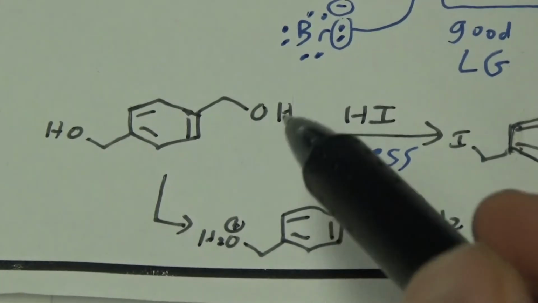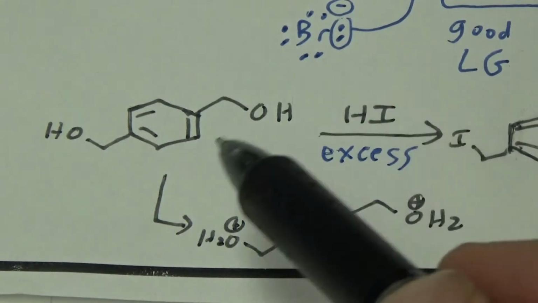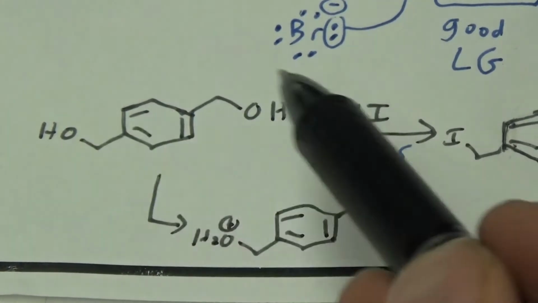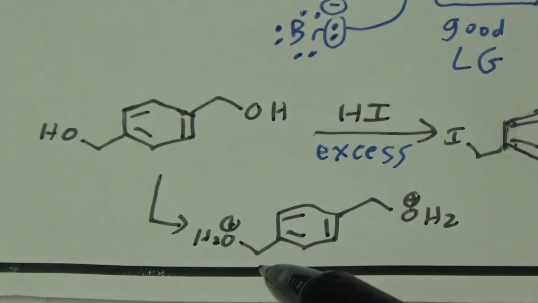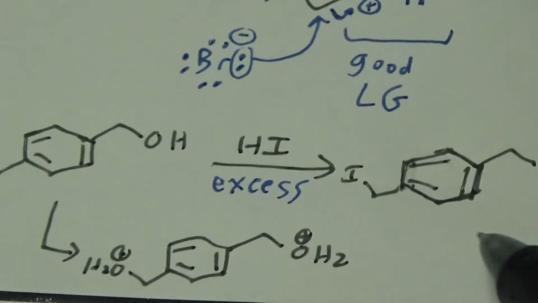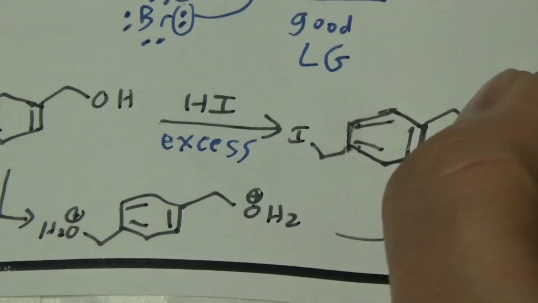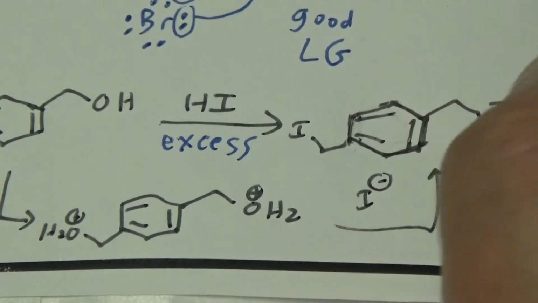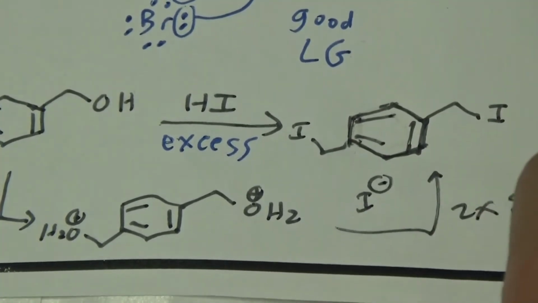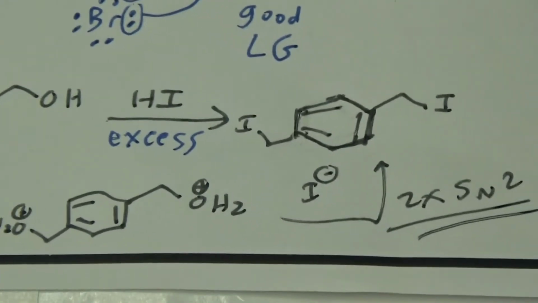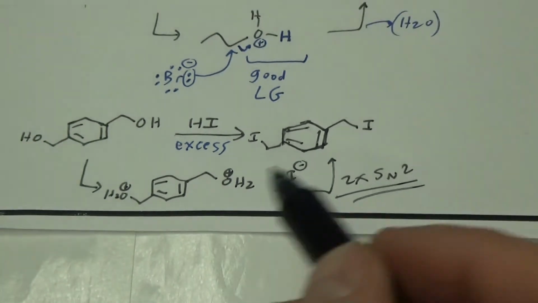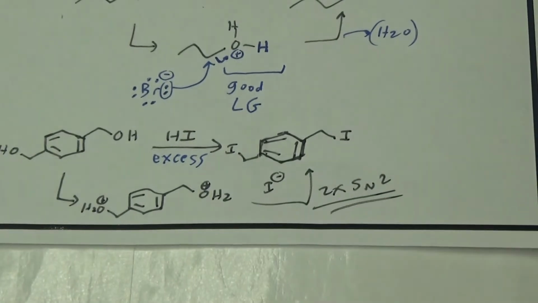All I did is assume each oxygen grabs a proton, kicks off an iodide, grabs a proton, kicks off an iodide. Now you have two good leaving groups, and I minus just kicks them off. 2 times SN2. Kick off those two good leaving groups, right? Cool.